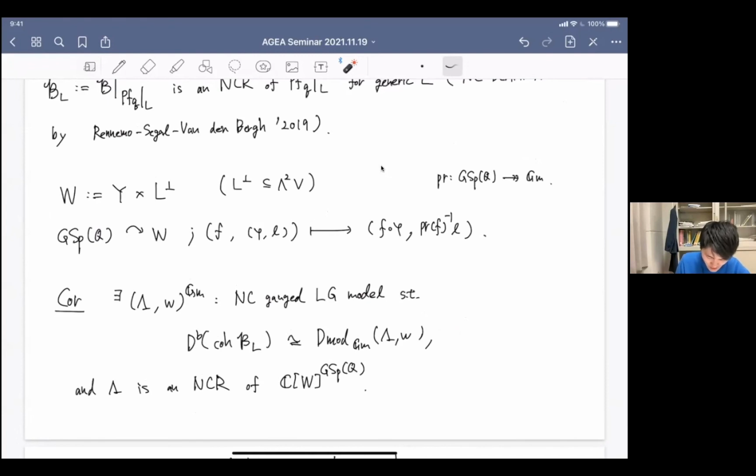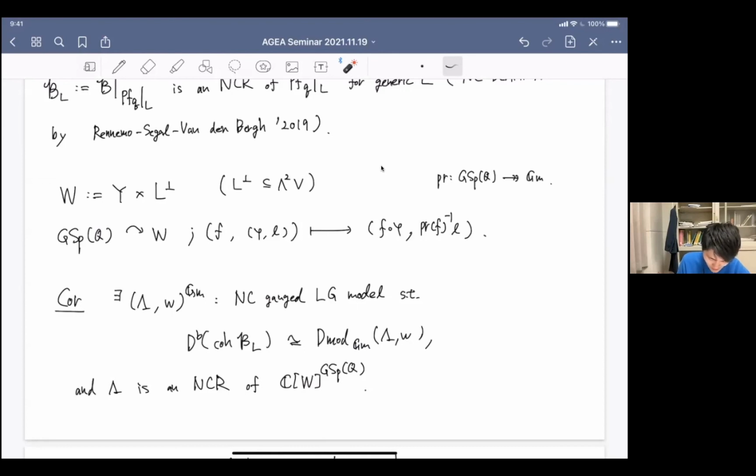There exists some non-commutative gauged LG model, (Lambda, W, G_m), such that the bounded derived category of coherent B_L modules is equivalent to the derived factorization category of the gauged LG model.